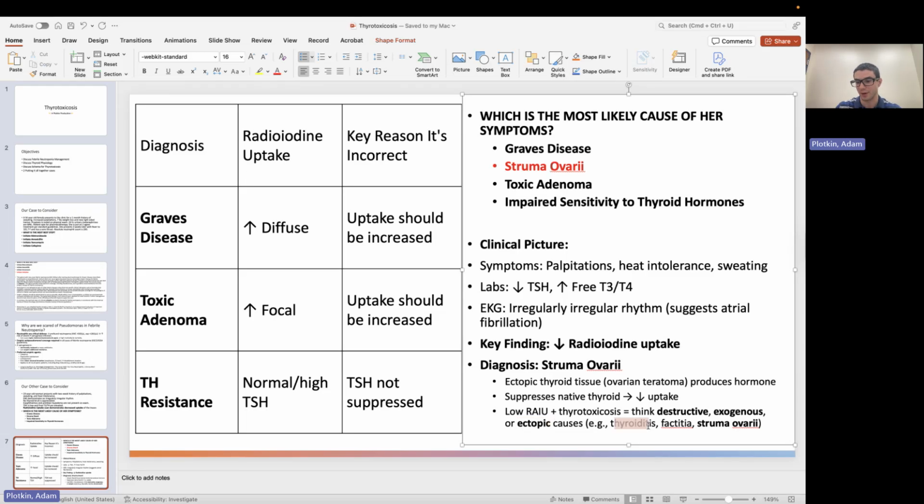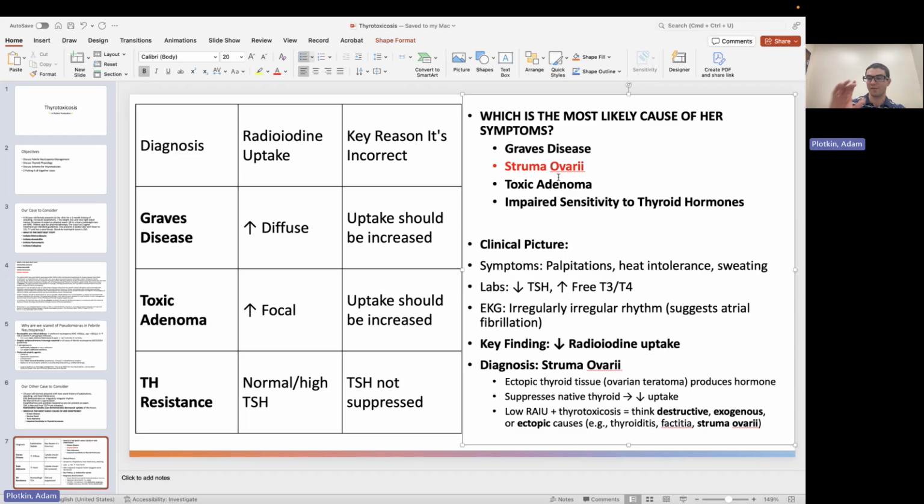So destructive would be thyroiditis. Exogenous would be factitious thyrotoxicosis, so a patient taking levothyroxine. And then your ectopic would be struma ovari. Again, we're going to talk about all these in depth, but really the thing here: I see a TSH independent thyrotoxicosis that puts me in one place on my schema, and then I see the decreased radioactive iodine uptake, which puts me in another place on my schema.